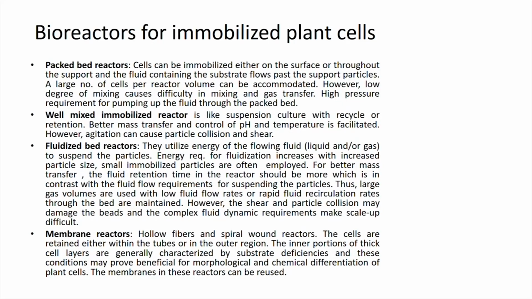Isn't it? So, what is done is that circulation is developed through reticulate matrices such that you drive the liquid currents, or the fluid is forced to spend more time with the cells, or you will see that a lot of gas sparging is done. Gas sparging is done in these reactors to improve the bulk mixing and to facilitate mass transfer between the gas bubbles and the liquid medium.